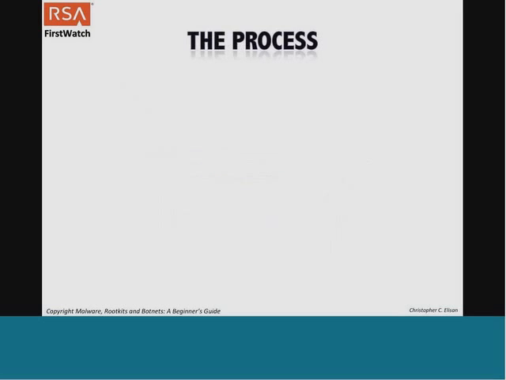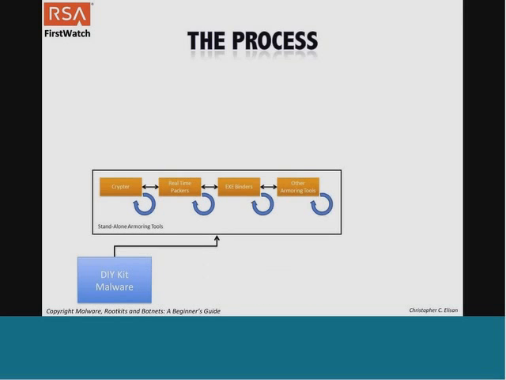All right, so let's go to the process. You have a malware produced by the DIY kit. Then you subject it to different standalone armoring tools. You can use encryptors, real-time packers, exe binders, and other armoring tools. You could use them as many times as you want, or you could change the order, and it will totally mess up security products and also inexperienced researchers.